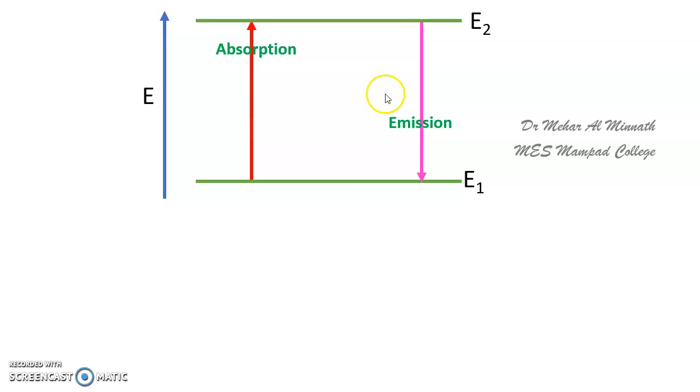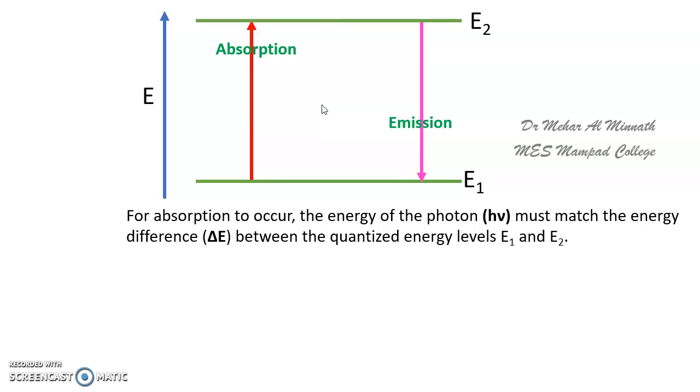Now this absorption and emission will happen if the difference in energy level is quantized. That is delta E, the difference in energy level, and that is given as delta E equal to h nu. So that quantization is necessary.